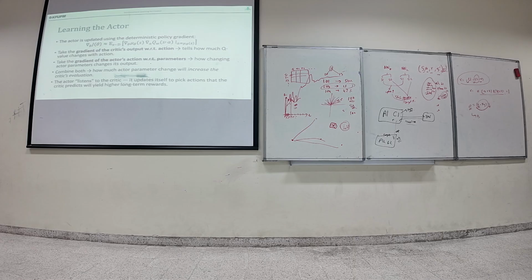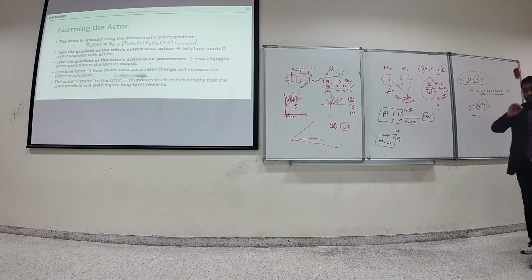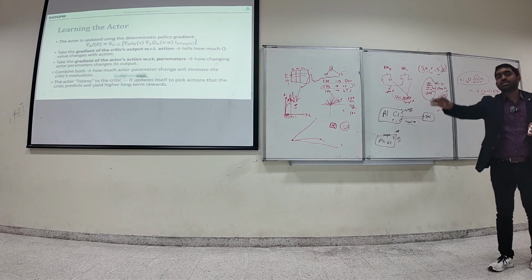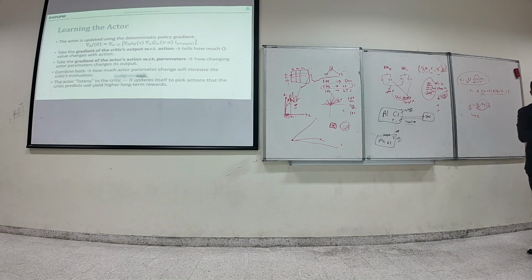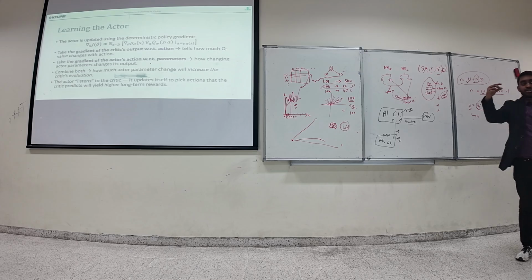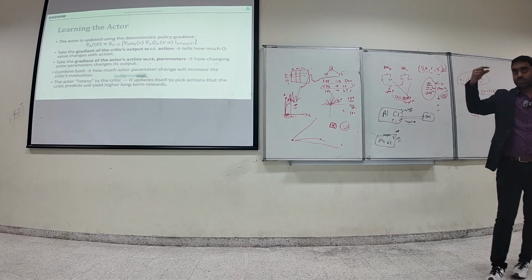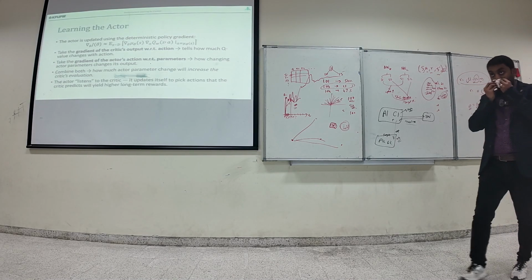In the next episode the actor suggests a new action, the RL agent executes that action in the environment, and based on that the critic will evaluate its entire estimation. So you will see by changing the action by that much, how much your Q value function will change.